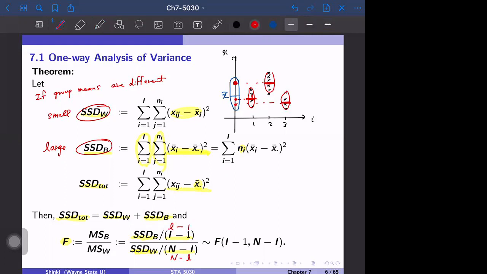Then this follows the F distribution with numerator degrees of freedom L minus 1 and denominator degrees of freedom N minus L.